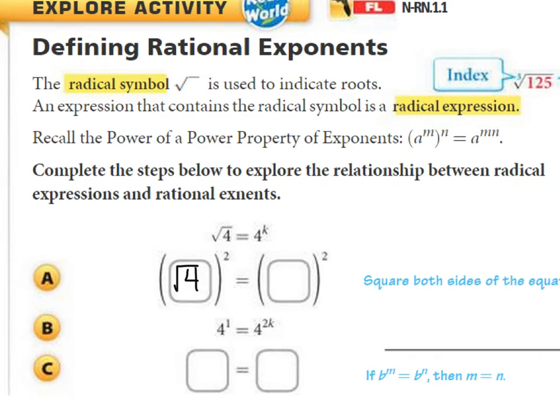And what I do to one side, I have to do to the other. So we're taking 4^k and squaring that. The square root sign and the 2 cancel, leaving us with an exponent of 1, or just a 4.